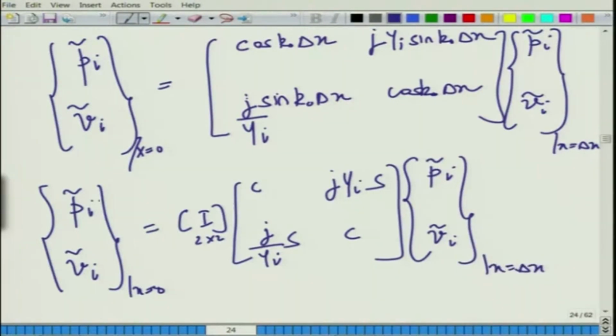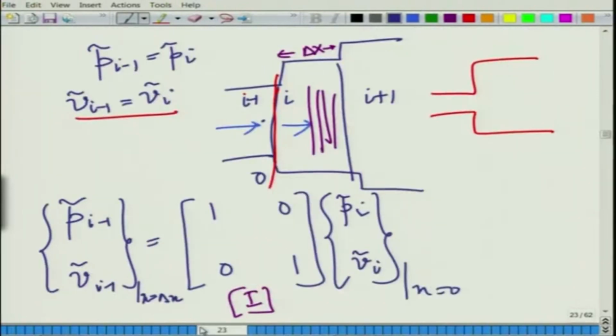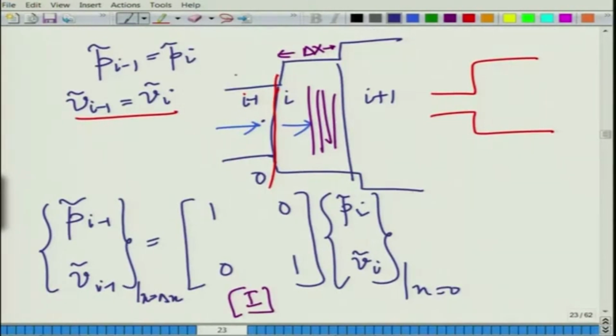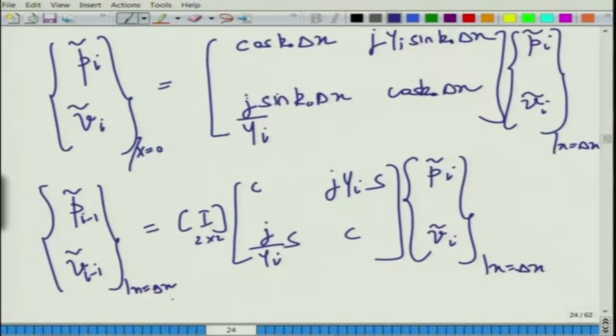I am sorry, I made a small mistake here. This is I minus 1, I think, yes, at x is equal to delta x. Delta x is for that duct. So, this would be pre-multiplied with this thing.